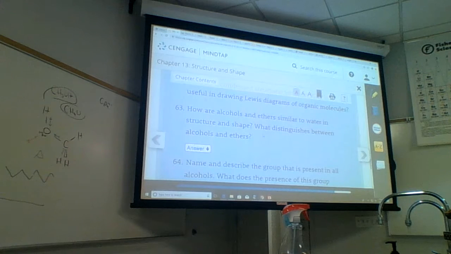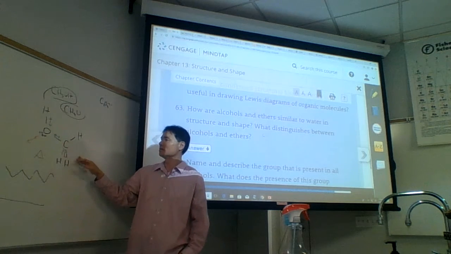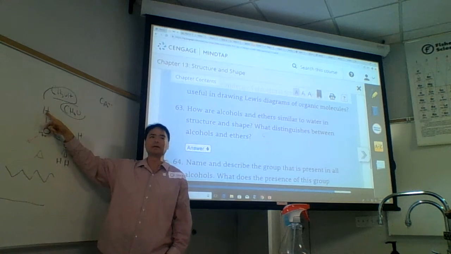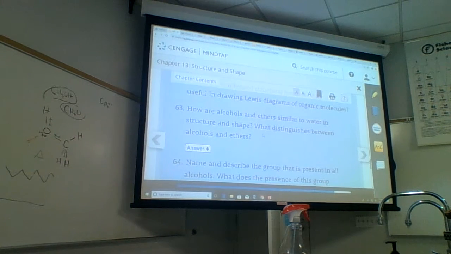How are alcohols and ethers similar to water in structure and shape? Here's water. Here's an alcohol. And an ether, what's the difference? An ether is going to have another carbon bonded here. So dimethyl ether is going to have the same kind of shape, except I'm going to put the two methyls here. Same shape around oxygen.